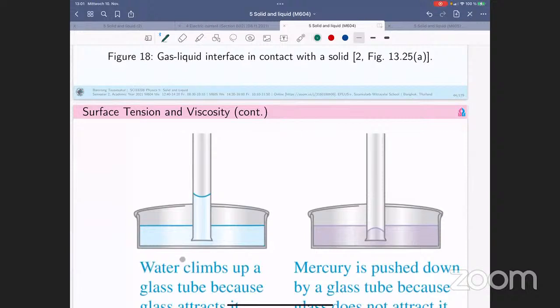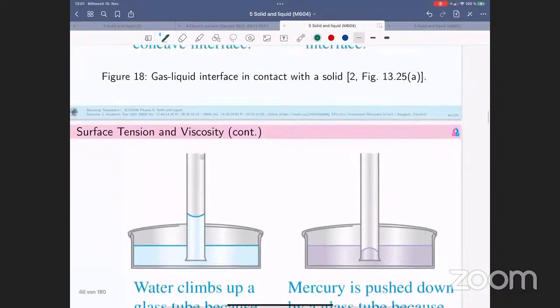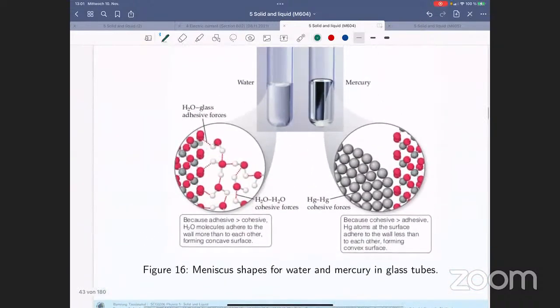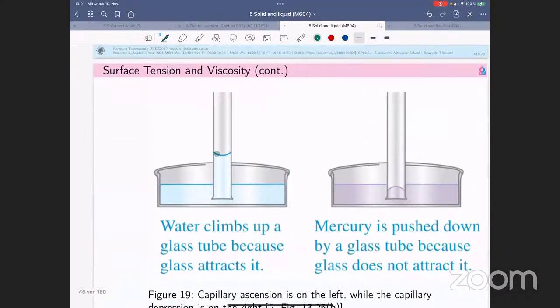Water climbs up a glass tube because the glass attracts it. As I told you earlier, the adhesive force, the attractive force between water and the glass, is stronger than the cohesive force among several molecules of the water. Because the adhesive force between water and glass is very strong, they try to bring the water inside the capillary tube up.